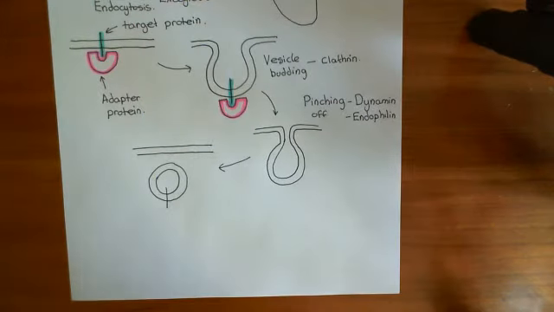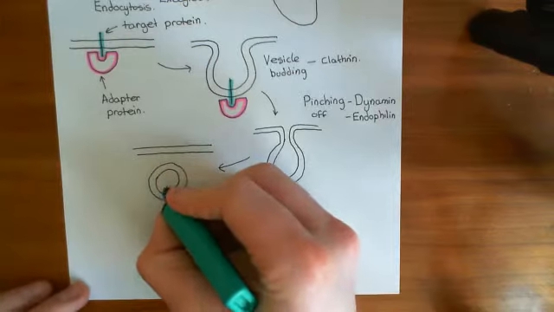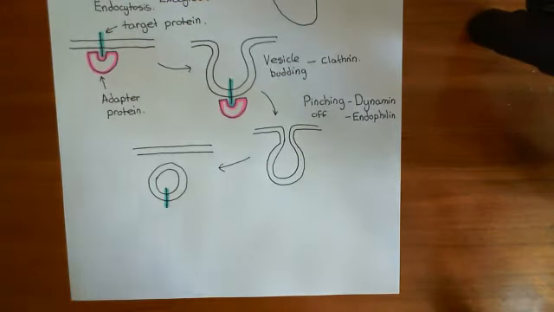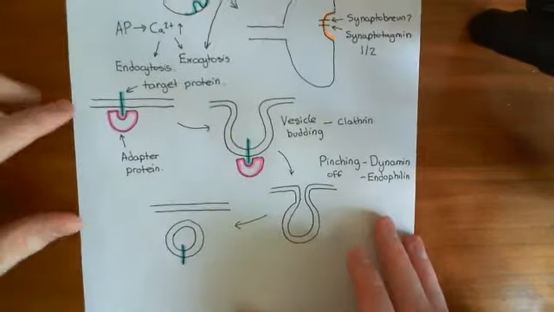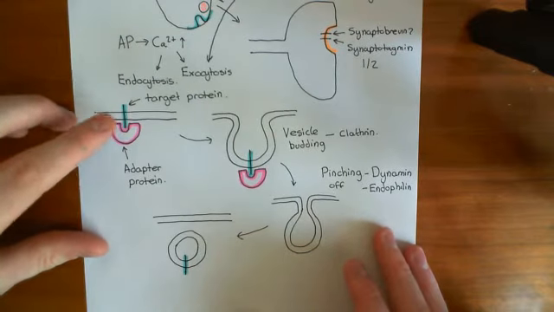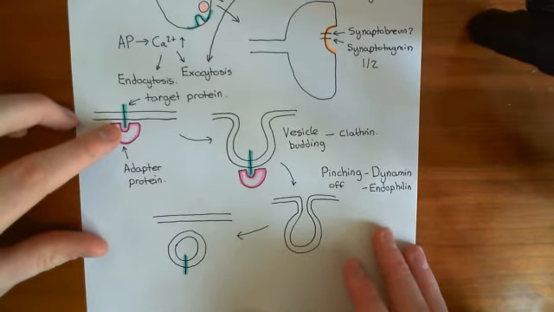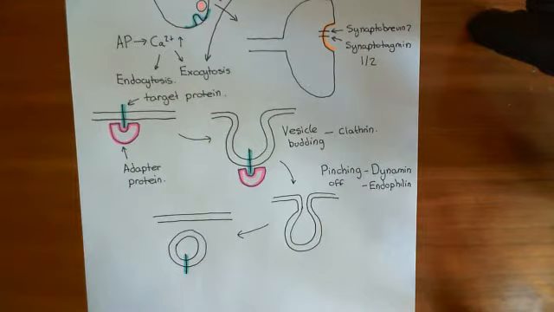Okay, so in the next video, what we now want to look at is this first process here. How does the target protein get recognized by adaptor proteins? What signal does it have on its cytoplasmic domain that tells the adaptor protein, look at me, I need to be endocytosed?